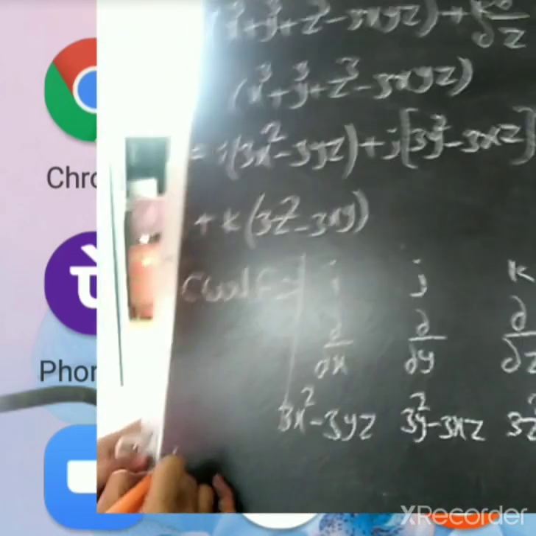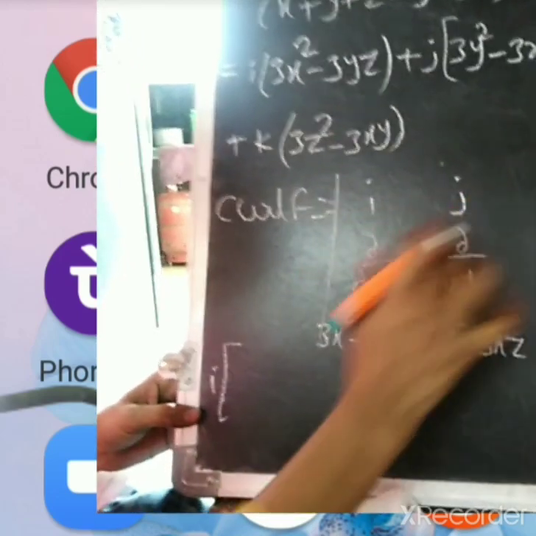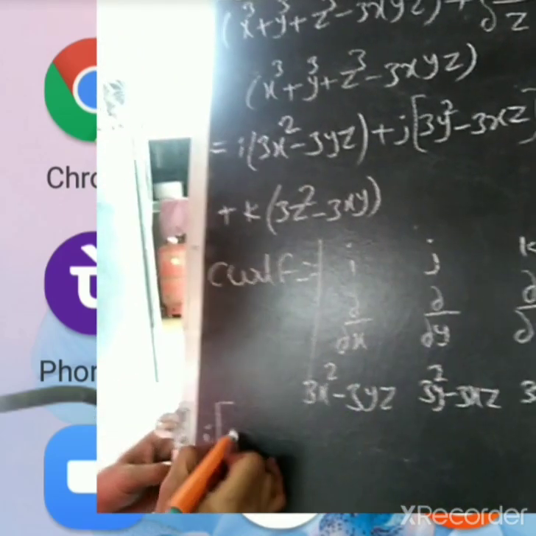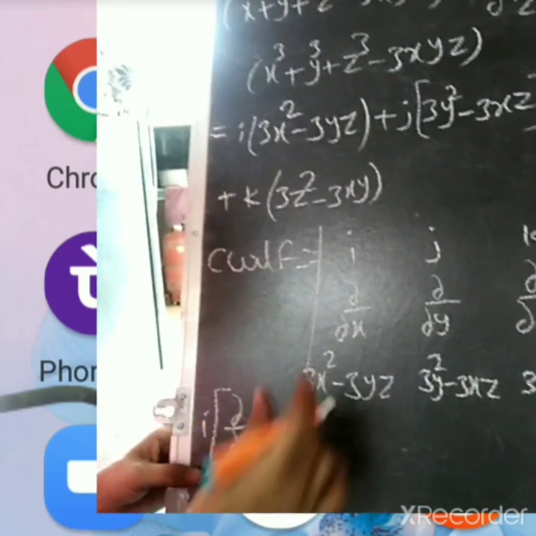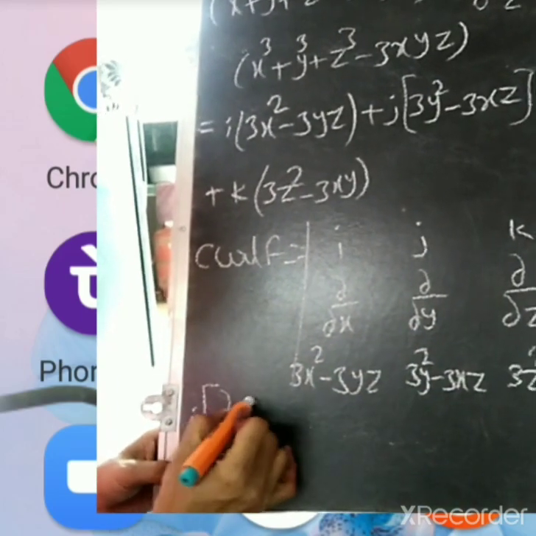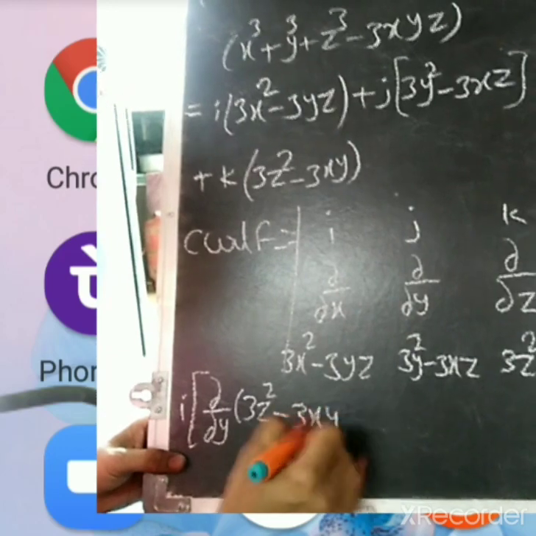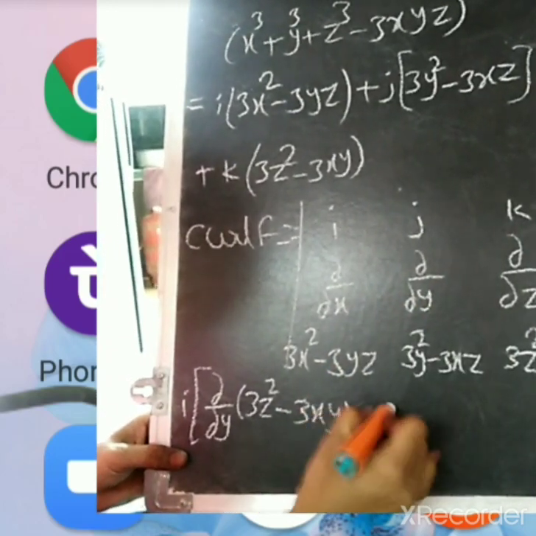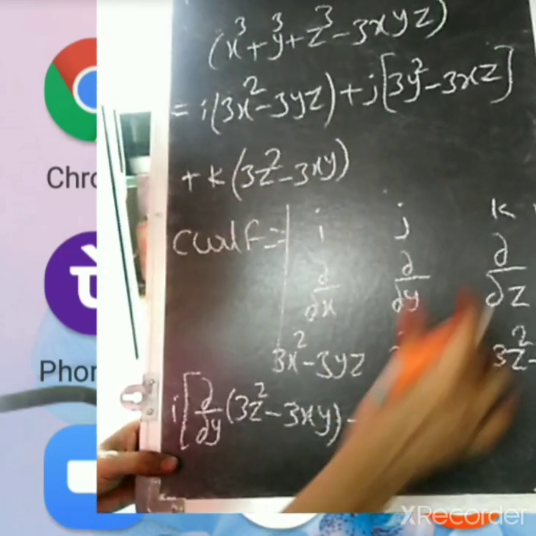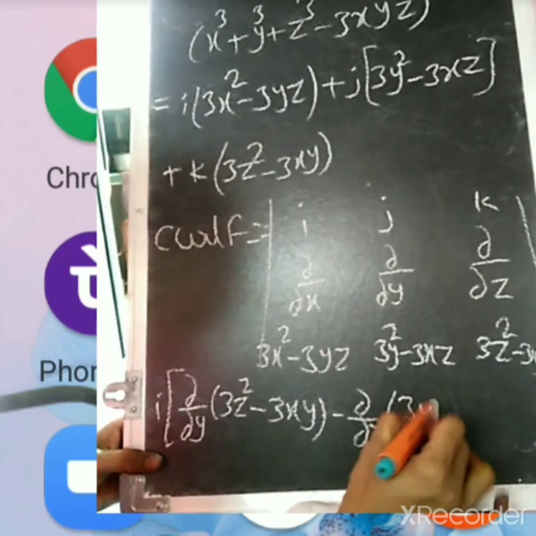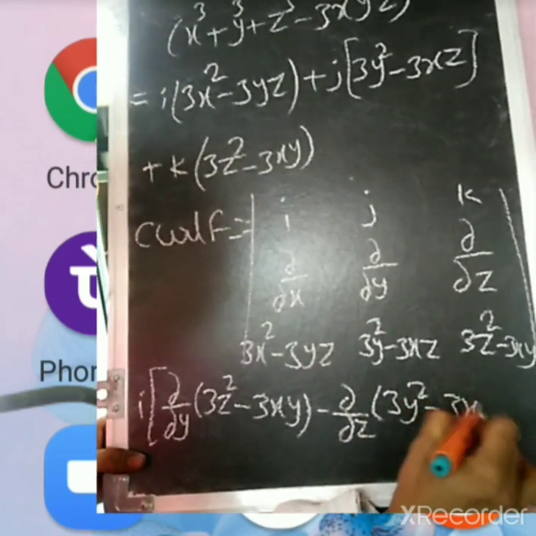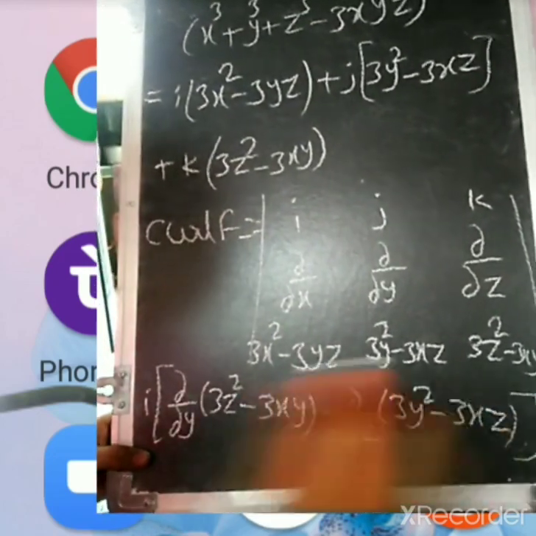So next here i into ∂/∂y of 3z square minus 3xy, minus ∂/∂z of 3y square minus 3xz. This is the one.